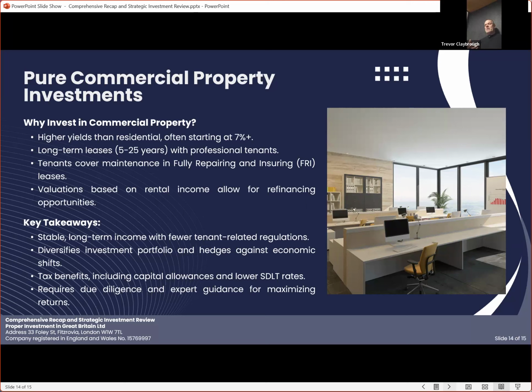We're going to be doing, probably in the next few months, some pooled commercial property investments, because generally the entry ticket is higher. We've got a couple that we have on the go at the moment. One is a block of offices in a town centre, up in Bradford in Yorkshire. I think there are 21 offices.